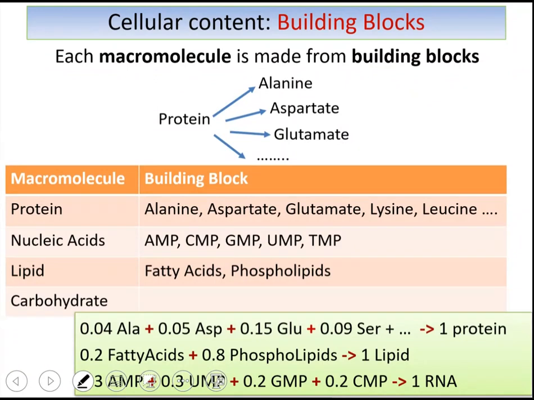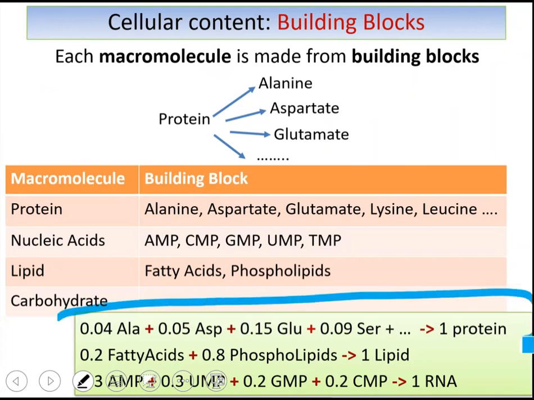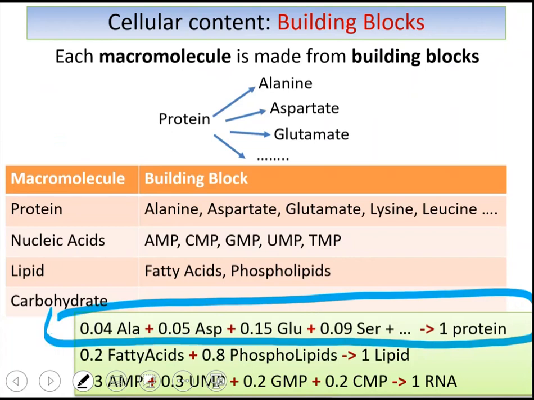This protein pool includes hundreds of proteins within the cell at that moment. And then you can quantify the relative content of amino acids within this protein pool. Since this is available in the literature for organisms, you can write a reaction to represent formation of the protein macromolecule from its building blocks. So this protein in this specific organism, let's say, includes 4% alanine, 5% aspartate, 15% glutamate, etc. So we can write a reaction to represent its formation from its building blocks.